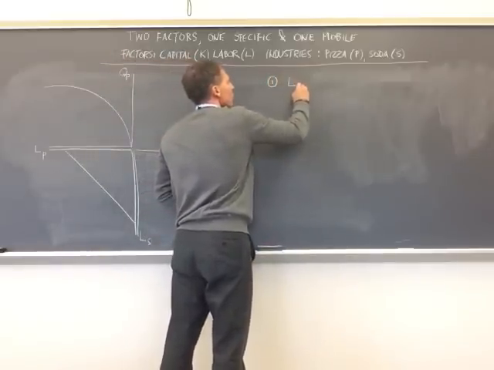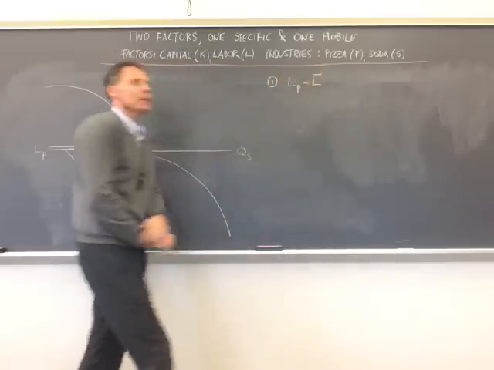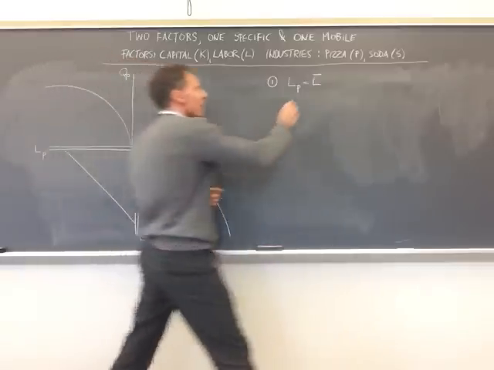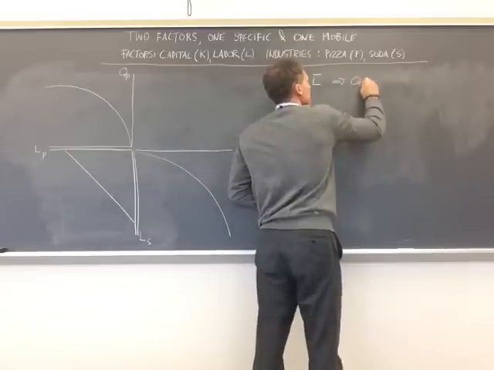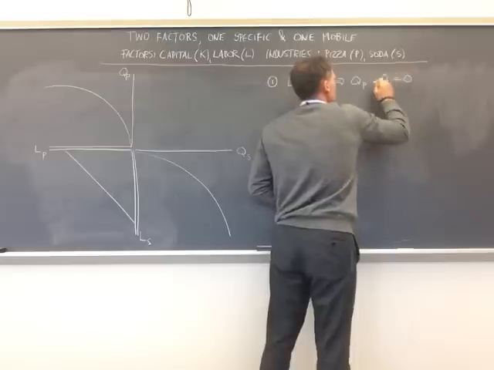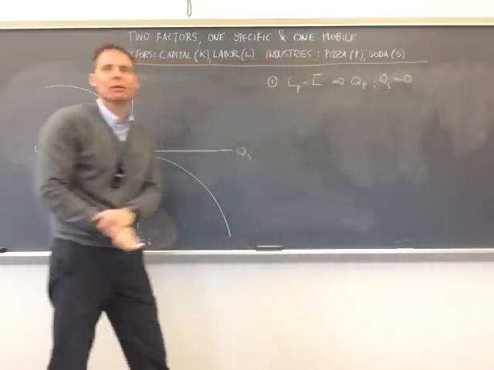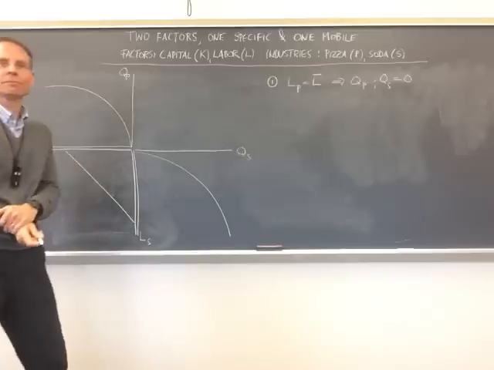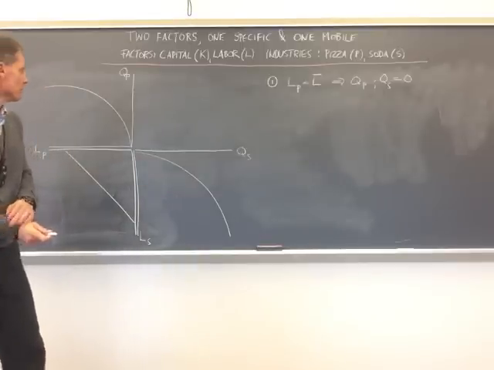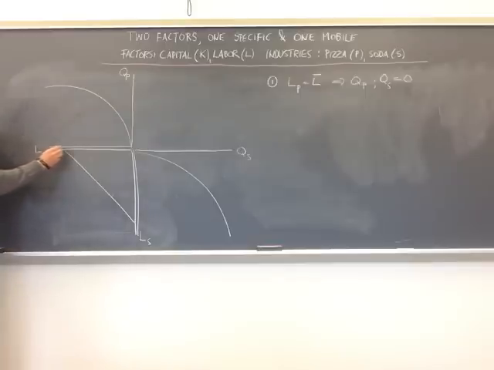Suppose all the workers are in the pizza industry. Then obviously we will have pizza, but soda production is going to be zero. There's nobody working the soda machines. All right, so that point is going to be right here.